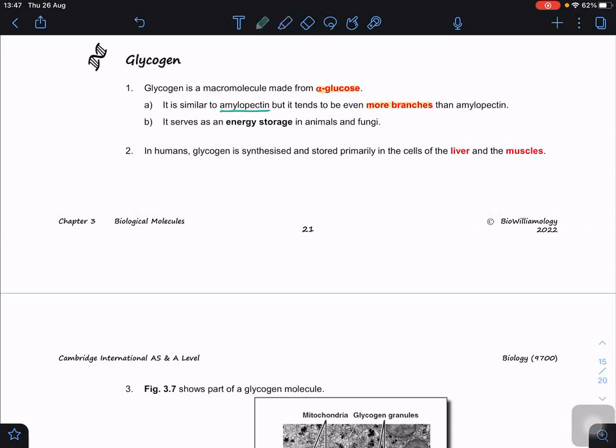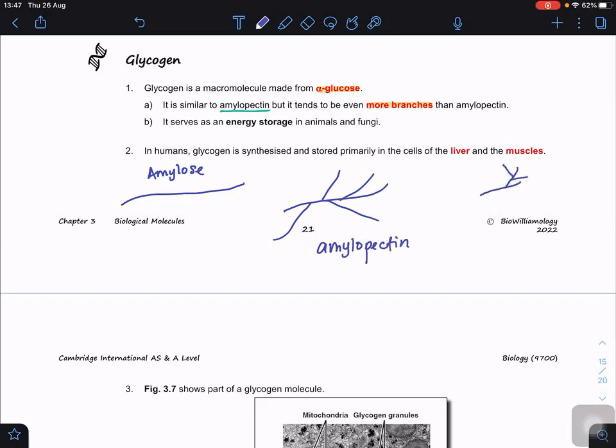If you draw out the structures: amylose, amylopectin, and how about glycogen? More branches, shorter branches.